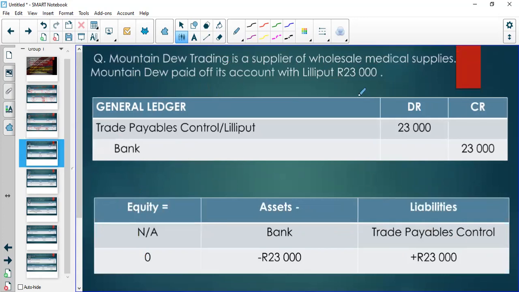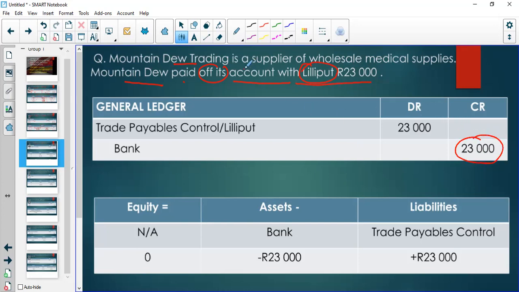So what happened here is that we owe an entity called Lillipati, right? So Mountain Dew is our entity that we're interested in. So Mountain Dew paid off its account with Lillipati. All right. So we always know that the bank account is going to be credited.